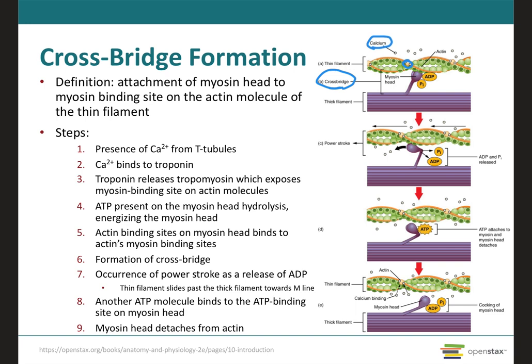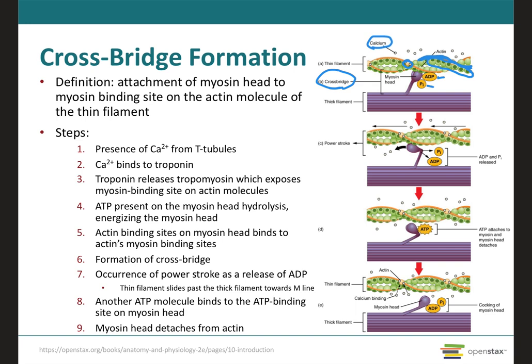Once it binds to troponin, it allows the tropomyosin to change its conformation and release the myosin binding sites on the actin molecule. Now, like I said, the myosin head also includes an ATP binding site in addition to an ATPase, which is an enzyme that breaks down the ATP into adenosine diphosphate, or ADP, and a phosphate group.